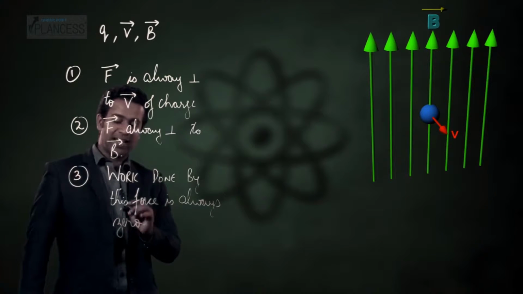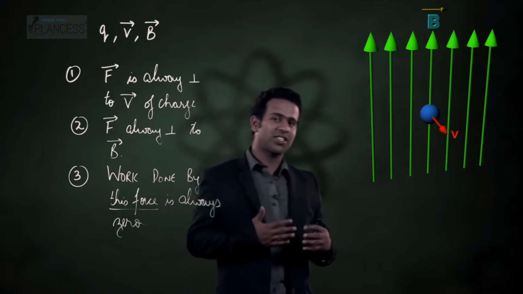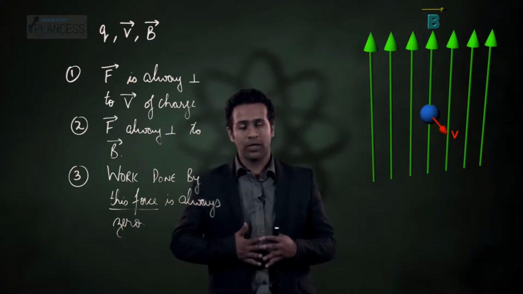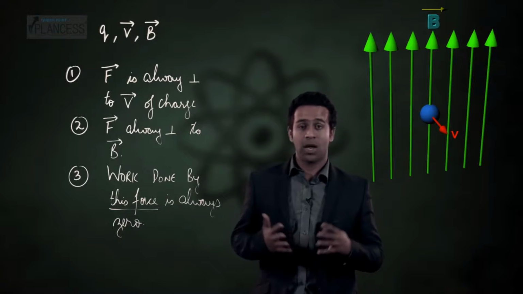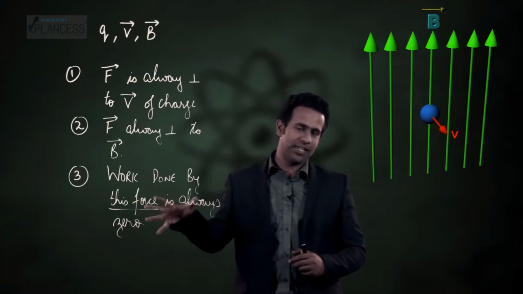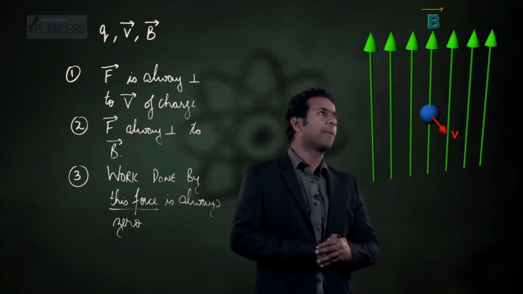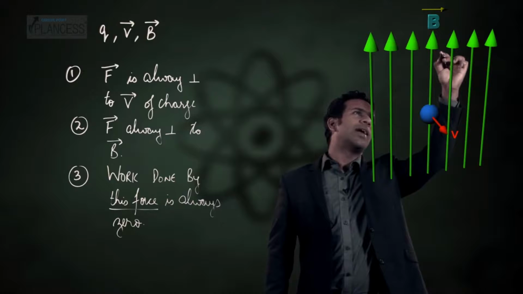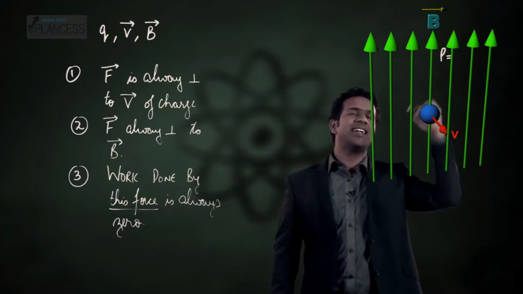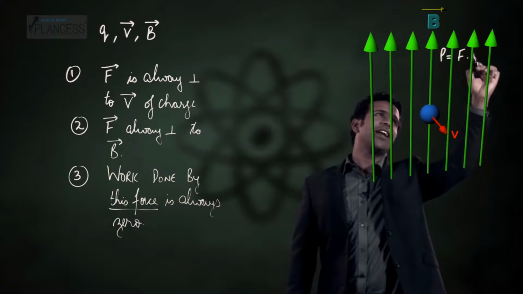Now, when I say this force, I mean the force that the charge is experiencing while moving through a magnetic field. The work done by that force is always zero. And this is very easy to prove. Let me show you how. If you recall, we had discussed that instantaneous power is equal to force into velocity.